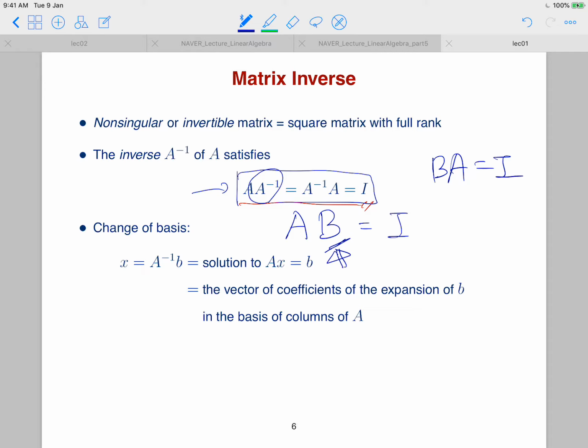As our conclusion, even though we don't prove it in detail, in the case of rectangular matrix, you have a possibility. For some matrix, you can find this matrix B that satisfies this, or you can find some other matrix C that satisfies this, but not both of them.